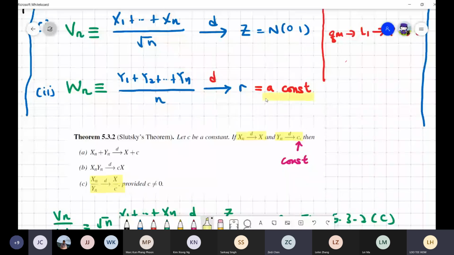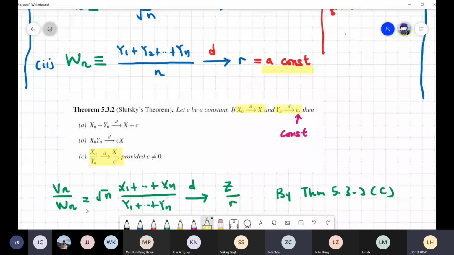If this is not constant, we cannot apply the theorem. So by applying these theorems, Xn over Yn, that means our Vn over Wn, will converge to Z over R in distribution. That is the idea to solve this question.